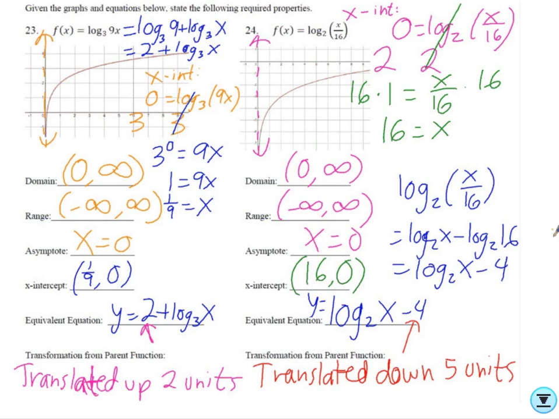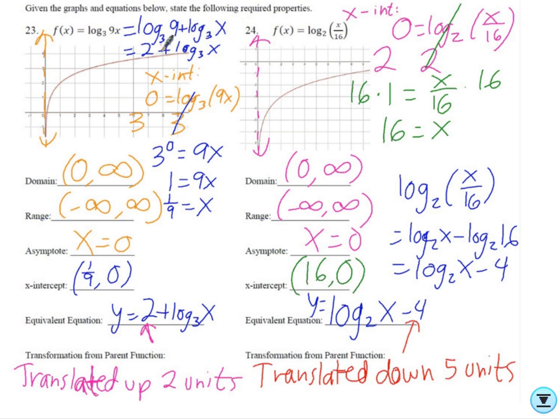All right, these are labeled wrong. It should be 26 and 27, but I'll just go through them. So it says, given the graphs and the equations below, state the following required properties. So we've got f of x is log base 3 of 9x. So first of all, I'm going to go ahead and expand that into log base 3 of 9 plus log base 3 of x.